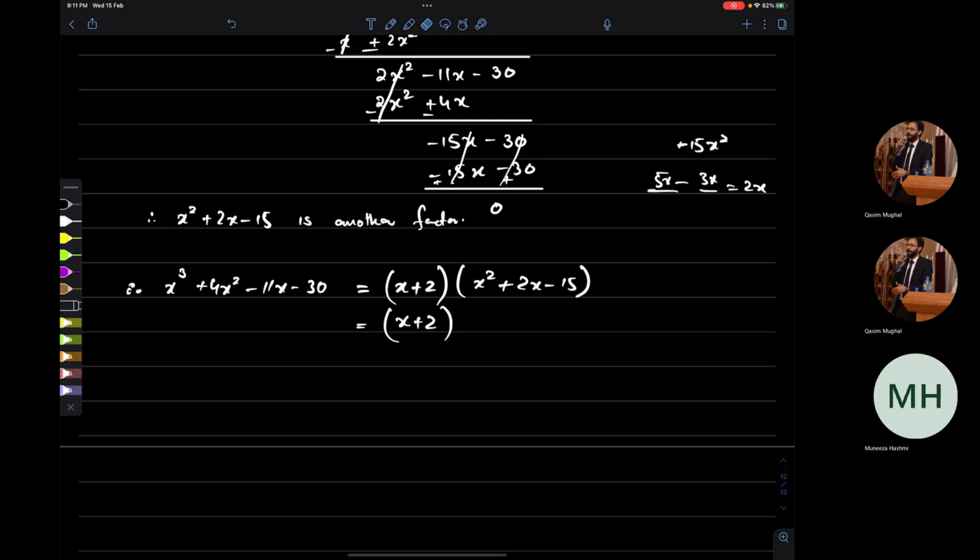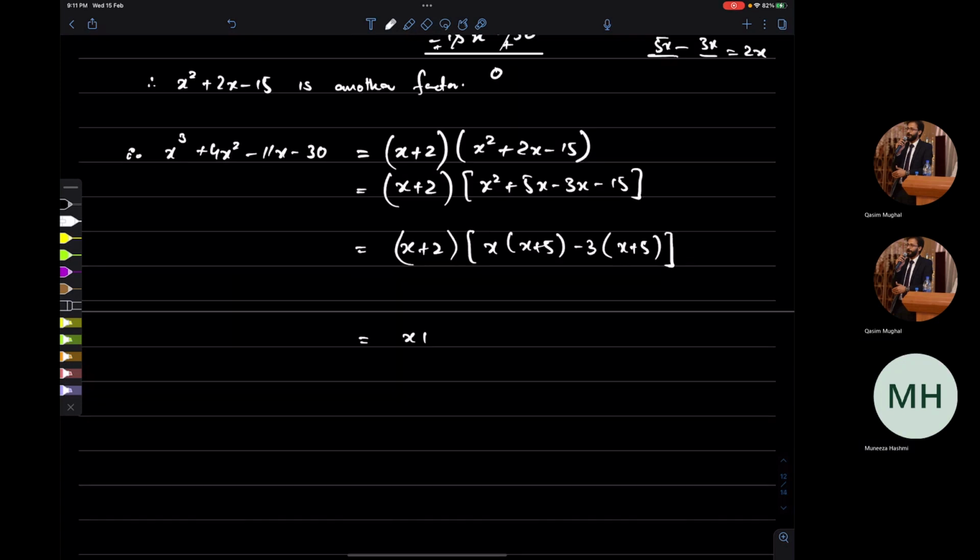That would be x squared plus 5x minus 3x minus 15, which is x times x plus 5, minus 3 times x plus 5. So it is x plus 2, x plus 5, x minus 3. So you've got three factors of this cubic function. Got it? Yes, sir.